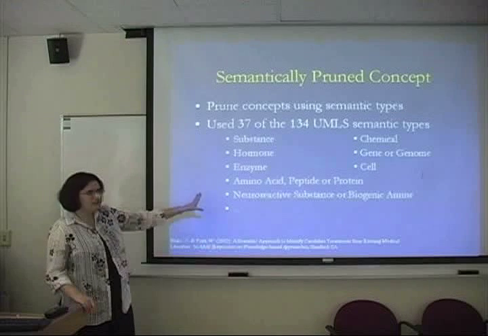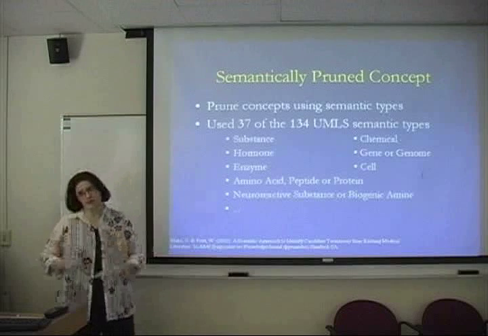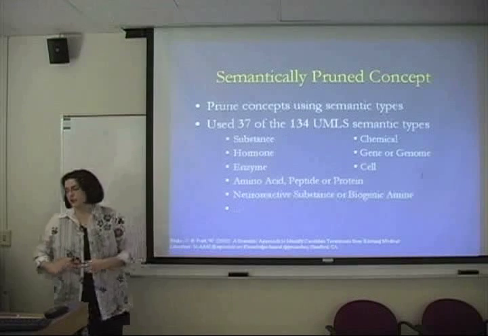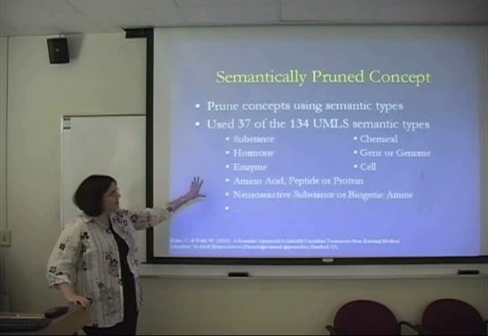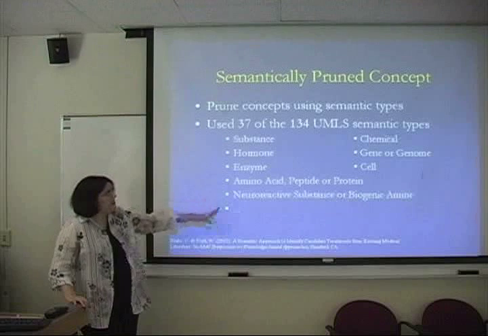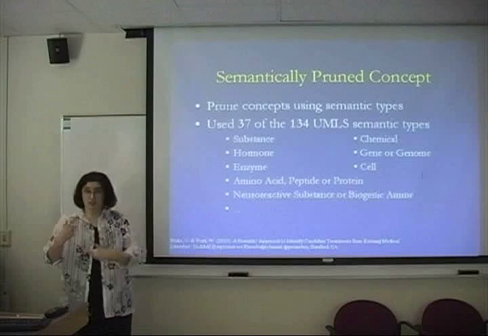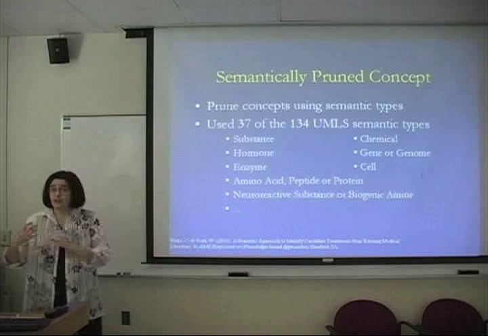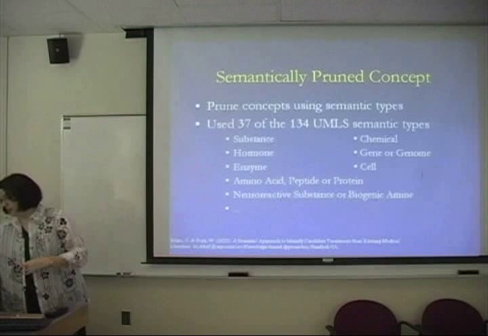And again, just so that it's clear, I did this ahead of time and I knew what kind of things I was looking for. So if you were looking for a different kind of connection, then this step would need to be resolved. And since then, this area has been explored in other systems that do actually allow a user to say which semantic type they want at each level.